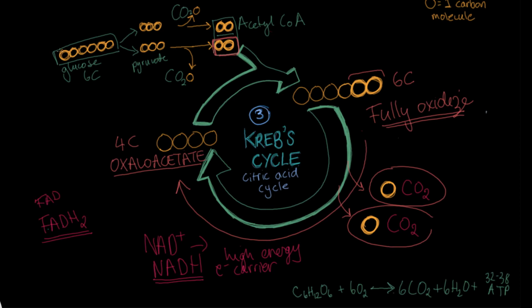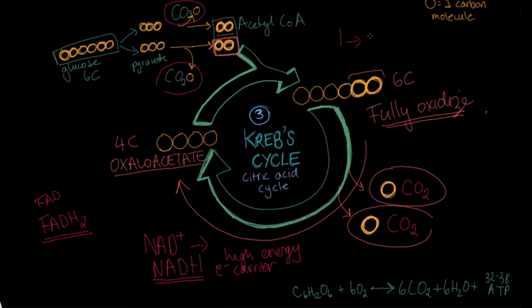So of our original glucose molecule, now all of the carbon atoms have gone. 2 were released in pyruvate oxidation and 2 per acetyl-CoA were released in the Krebs cycle. There are 2 molecules of acetyl-CoA, that means 4 carbon atoms, so that makes our 6 carbon atoms altogether have now been released.